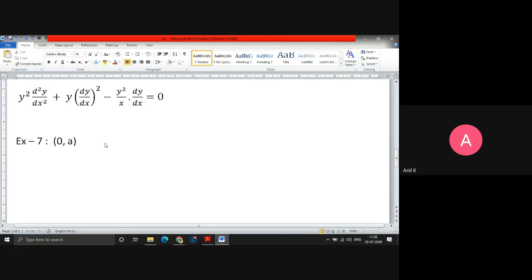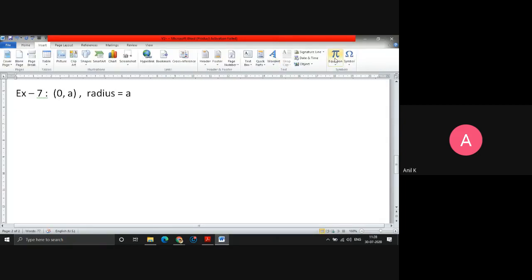This is the point on the y-axis. And what will be the radius for such a circle? Because the center is at a distance of a from the origin, the radius also will become a only. If I know the center and radius, we already studied how to find the equation of the circle.